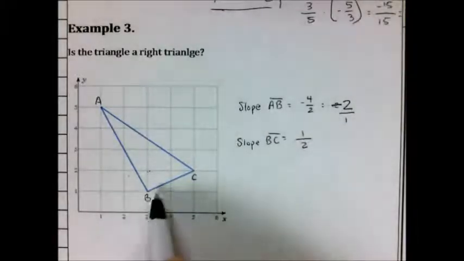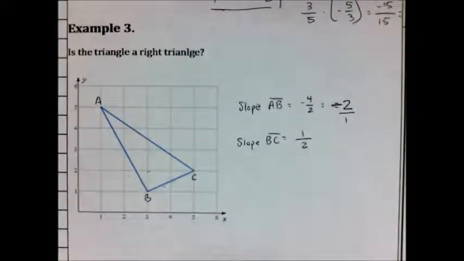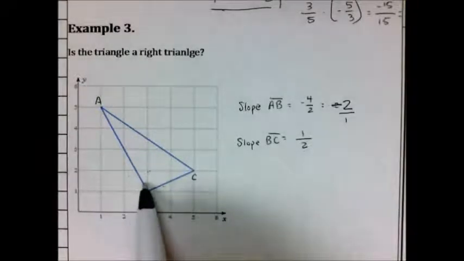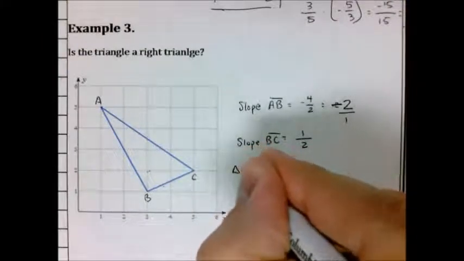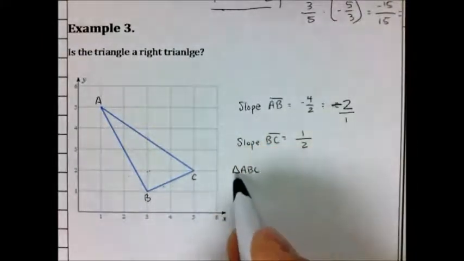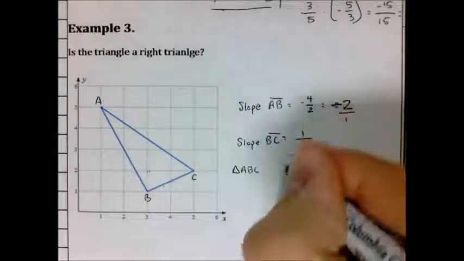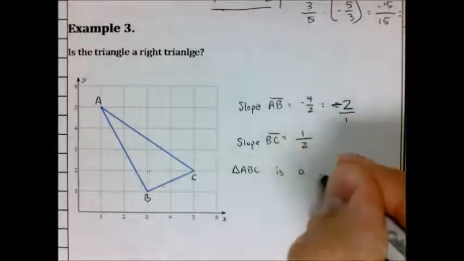That means that these two lines are perpendicular, meaning that this angle right here is a right angle. So we can say then that triangle ABC, and I'm using this little symbol for triangle, is a right triangle.